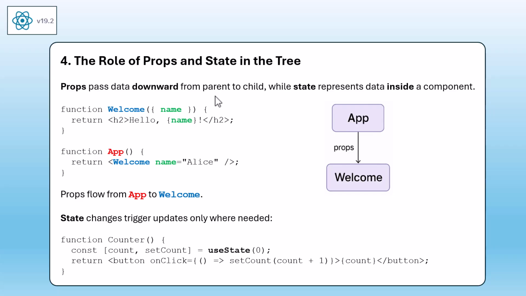State, on the other hand, belongs to each individual component. A component's state determines its current condition, what it should look like or how it should behave right now. When a component's state changes, React automatically updates that part of the tree. Only the affected branches are re-rendered, not the entire tree. This is one of the reasons React is so efficient.